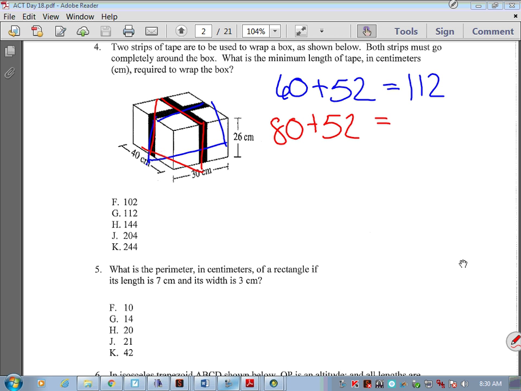So 80 and 52 should be what, 132? 132. So I add those up, and I should get 244. 244. Okay, this is perimeter plus perimeter. Are we making that more difficult than it needed to be? That was my guess.